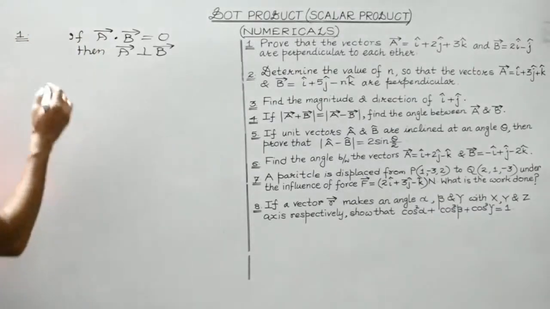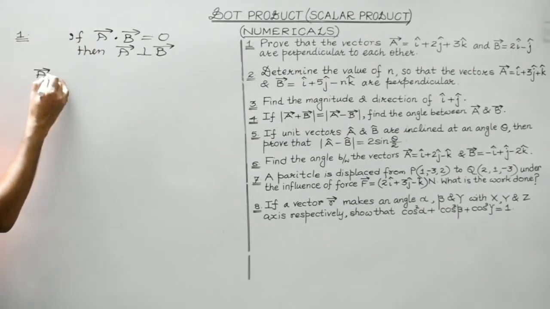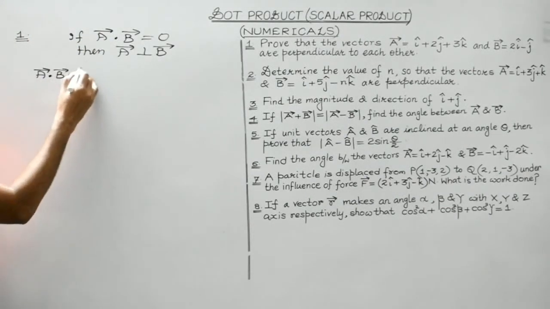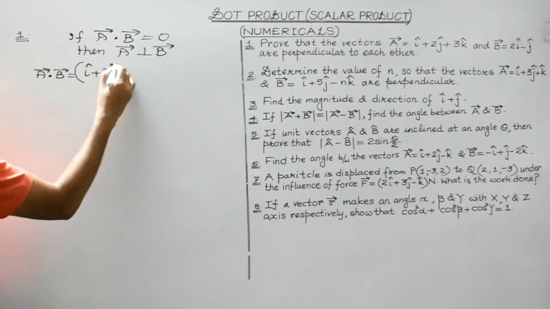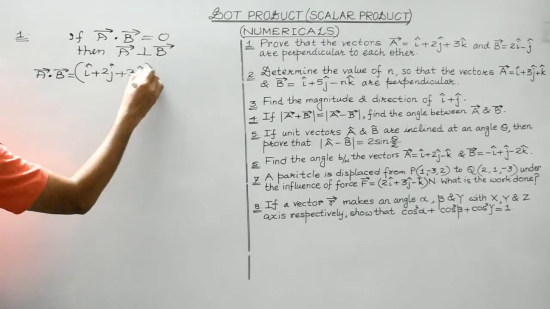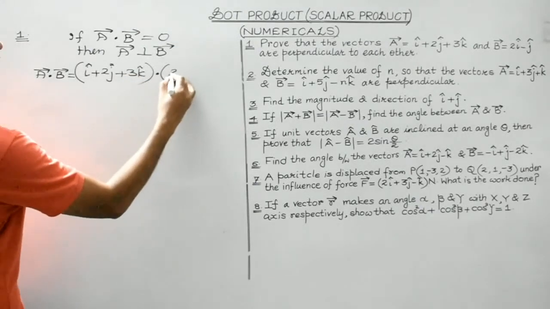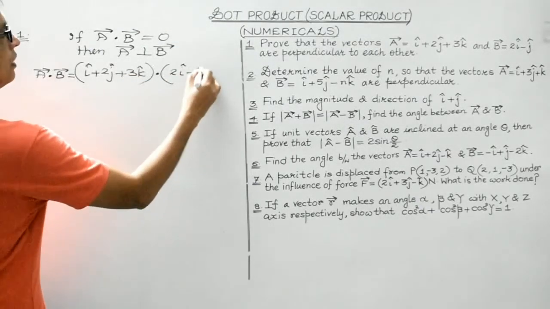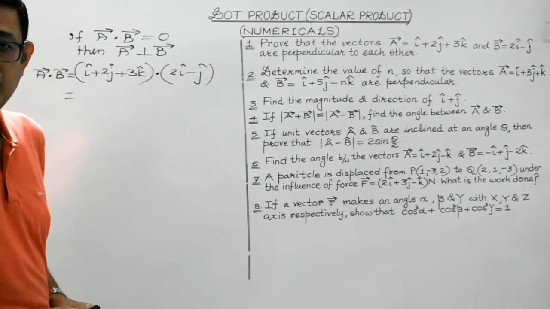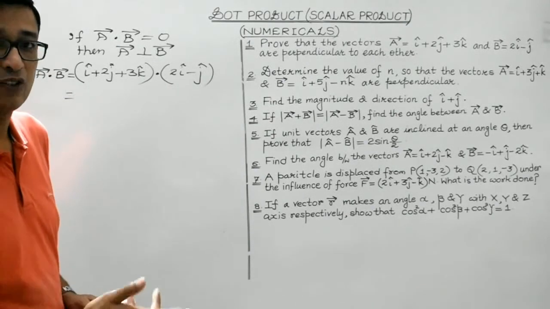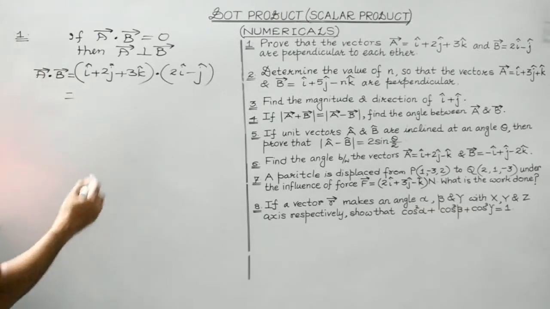So let's prove it. Consider A vector dot B vector. A vector is given to be i cap plus 2j cap plus 3k cap, right? And B vector is given to be 2i cap minus j cap. So we are already aware of the dot product of two rectangular components, right?